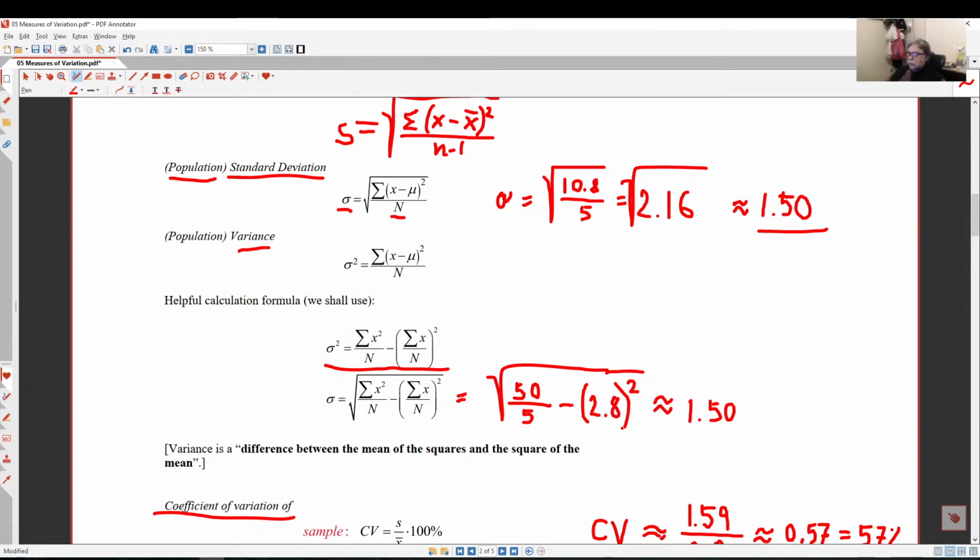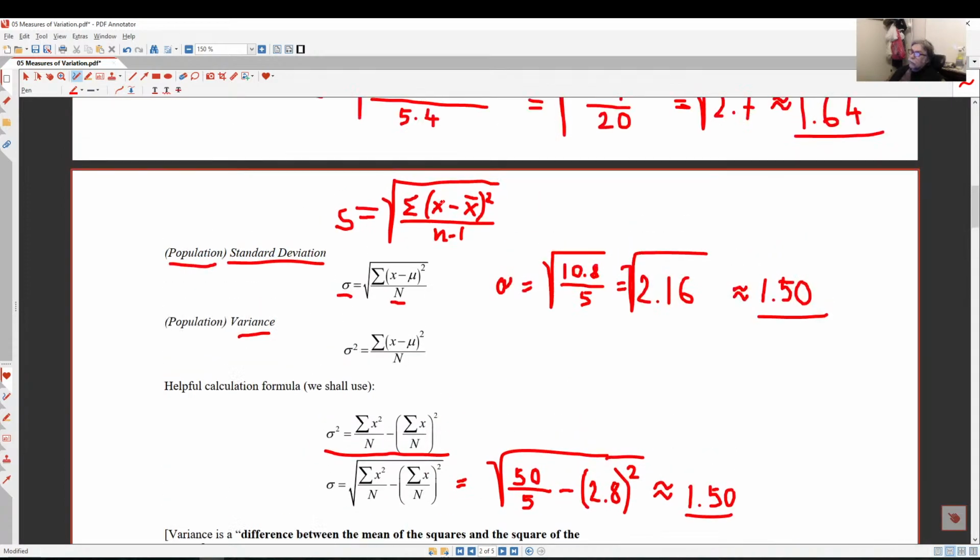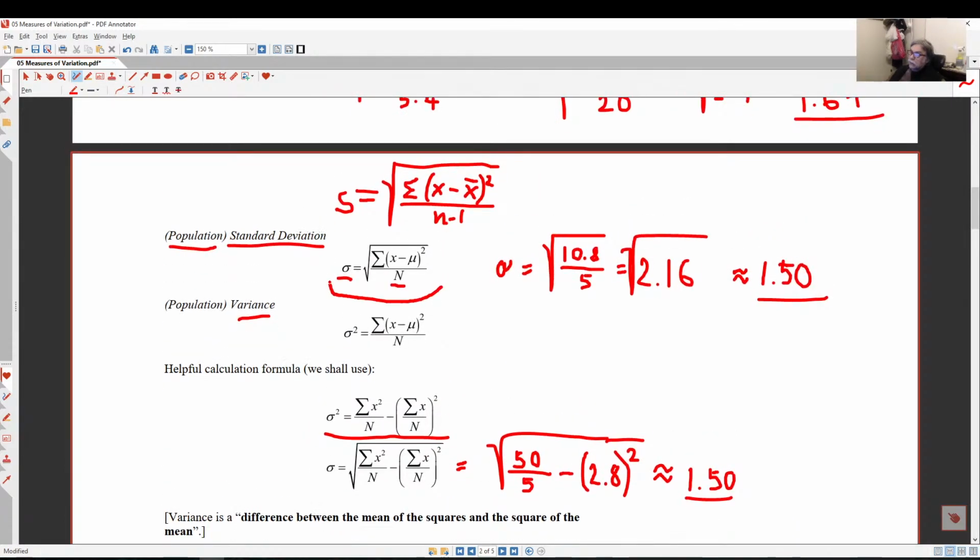like here. And of course you're going to take the radical at the end. And you end up with 1.50 again. So this is an easier formula to use, this one, than this one. Again, because you're going to use just the x's and the x squares.